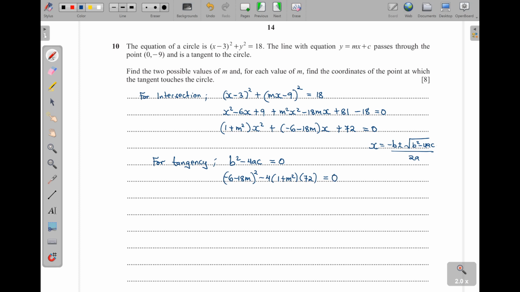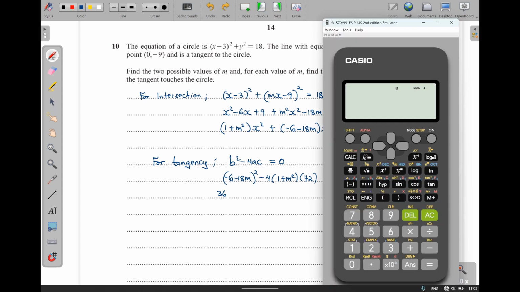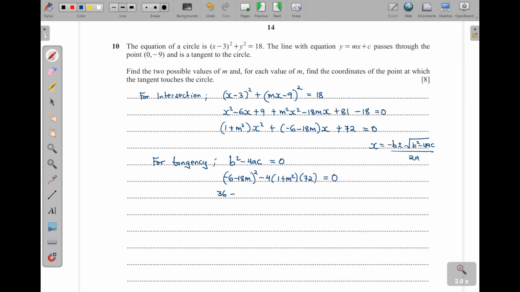Now we can expand. So square negative 6, you get positive 36. Then 2 times negative 6, that is negative 12, times negative 18. 12 times 18, what do we get? 12 times 18, that is 216. But it is positive because negative times negative, right? So 216m, and then 18 squared, that is 324.